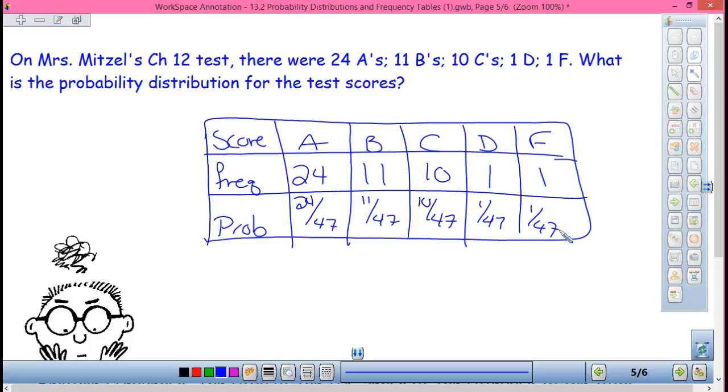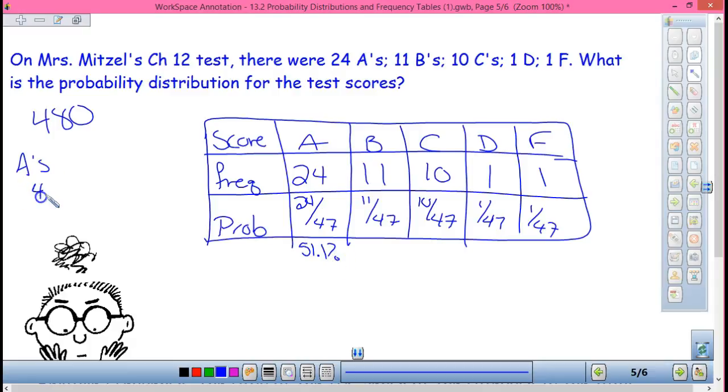What if I said for all of the geometry students, and there are 480 geometry students, what's the probability, or how many, based off of this, got A's? What would I have to do with my 24 out of 47? Put it into a percent, which is how many? 51.1%?